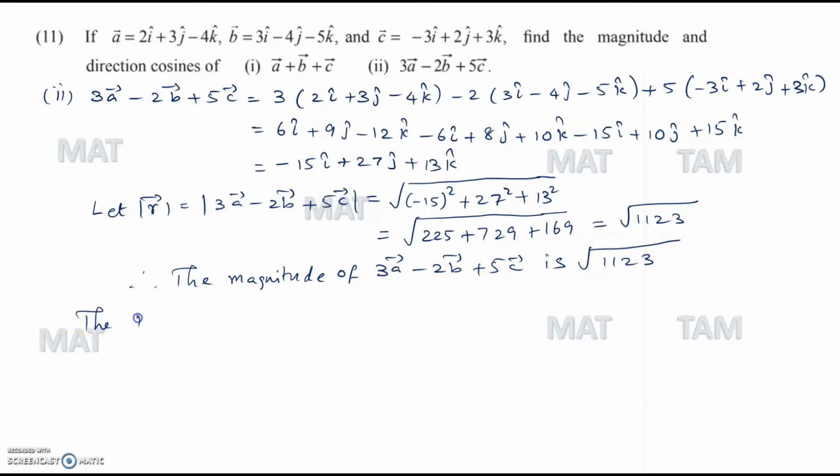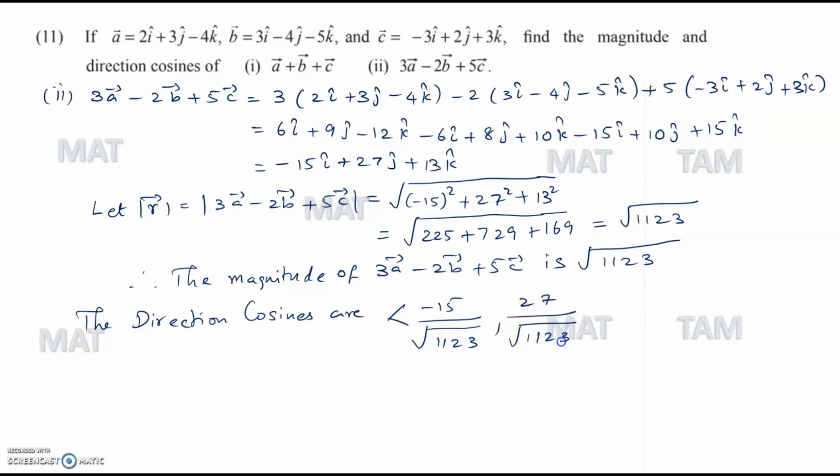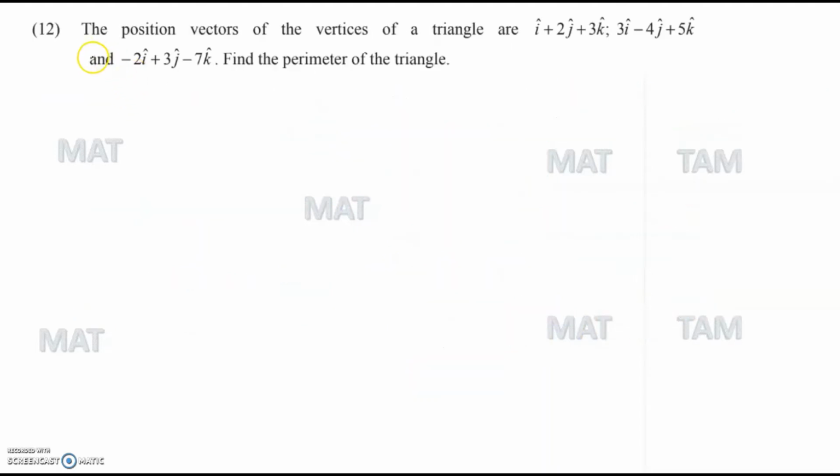The direction cosines are minus 15 by root of 1123, comma 27 by root of 1123, comma 13 by root of 1123. And that's our answer.